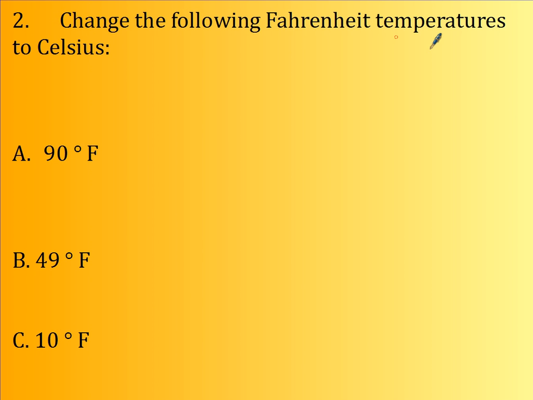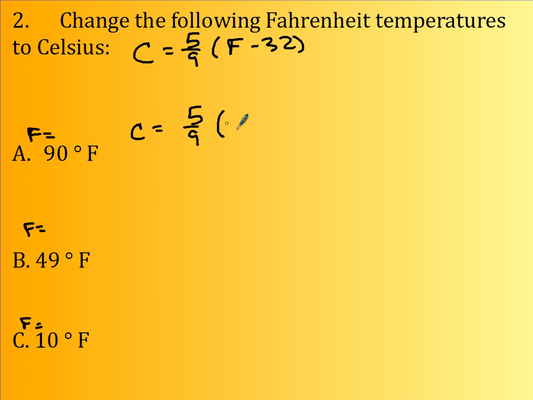Now we're going to change Fahrenheit temperatures to Celsius. I know C is 5 divided by 9 times F minus 32. That's the formula I'm going to use for all of these. In this case, C is 5 divided by 9 times 90 minus 32.